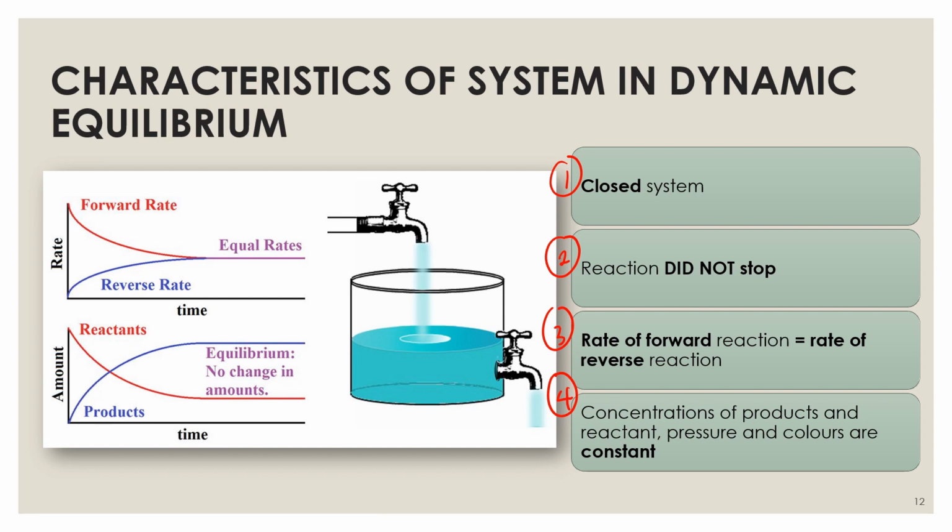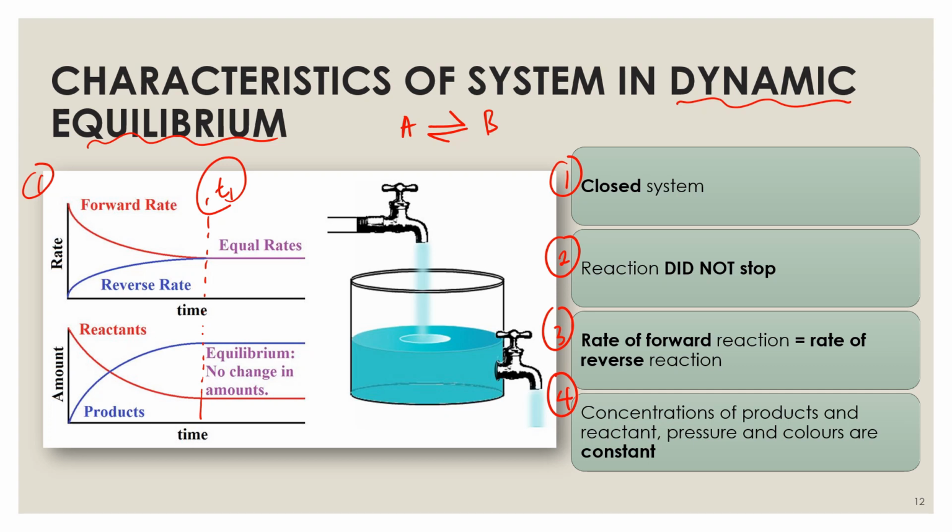So as you can see in these two images, this is the line for T1, iaitu masa di mana system has achieved dynamic equilibrium. As you can see in the first graph here, let's say A forming B. A is the reactant and B is the product.